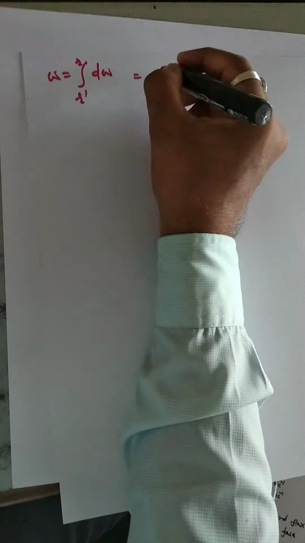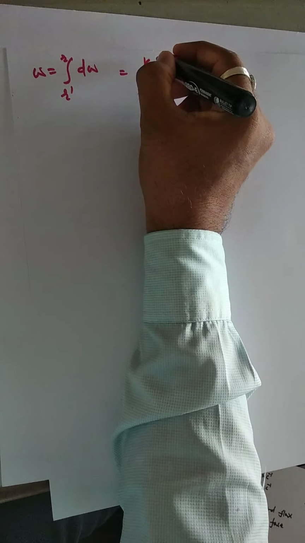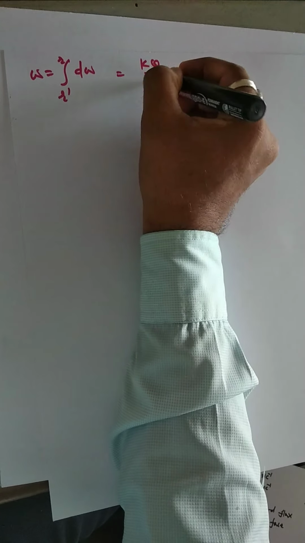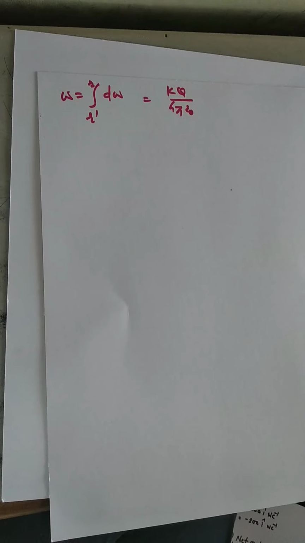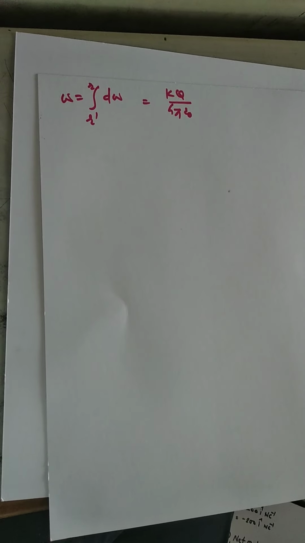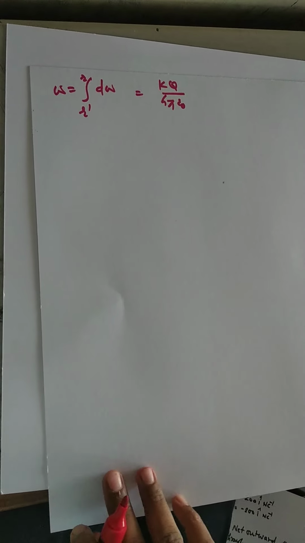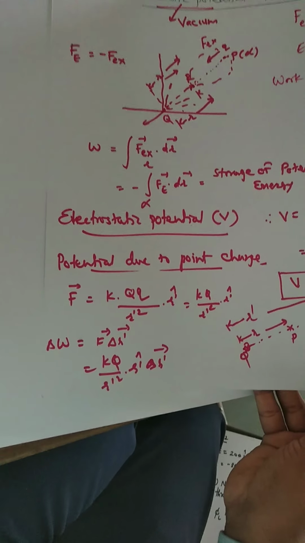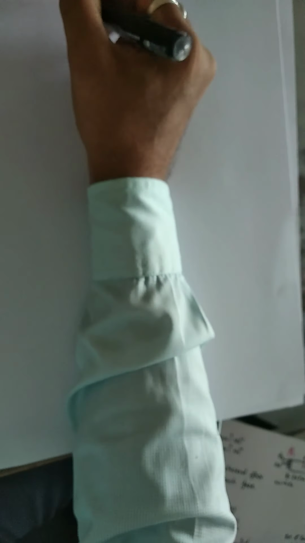dW is equal to kQ upon 4 pi epsilon 0, sorry, no, it won't be 4 pi epsilon 0 because k is equal to 1 upon 4 pi epsilon 0.